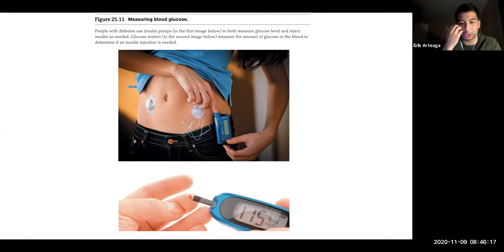After a big meal, it can jump up to 115 or 120, 130. You do not want to go above 140. That's typically the number where you start seeing hyperglycemia, or individuals that are unable to regulate the sugar. The insulin isn't working as well anymore. So that's what you'll see with individuals that are pre-diabetic, right? Above 140 milligrams per deciliter is when they start worrying.